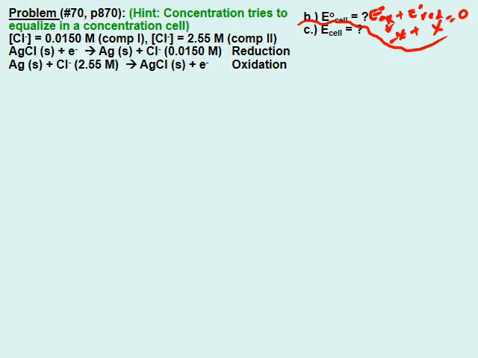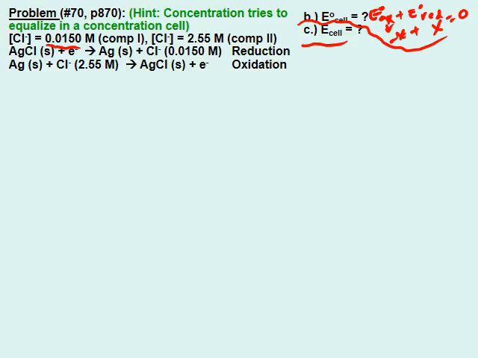Now let's calculate cell voltage for the concentration given, which is non-standard because one concentration is much more dilute than the other one, 0.0150 and 2.55.